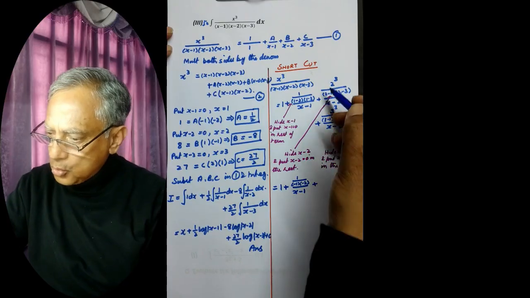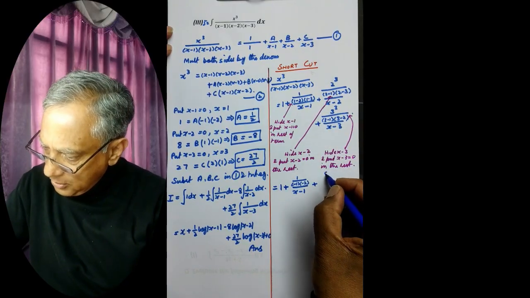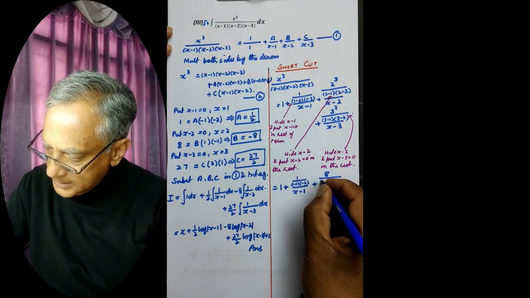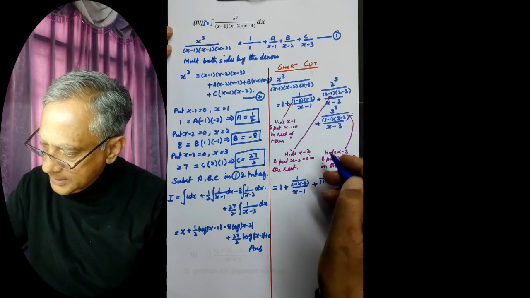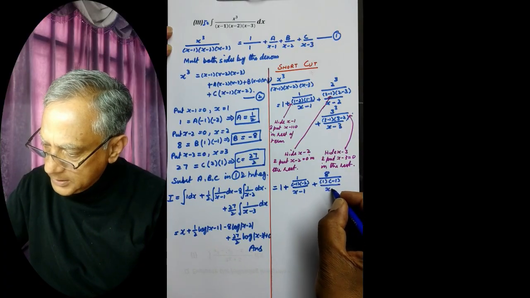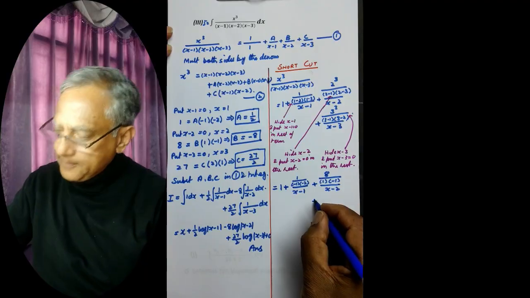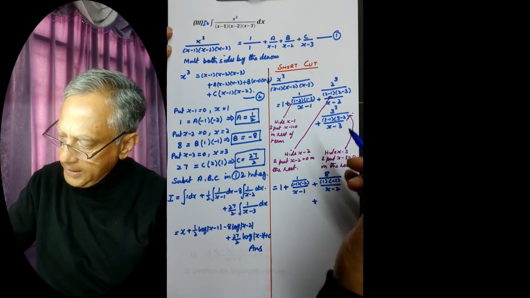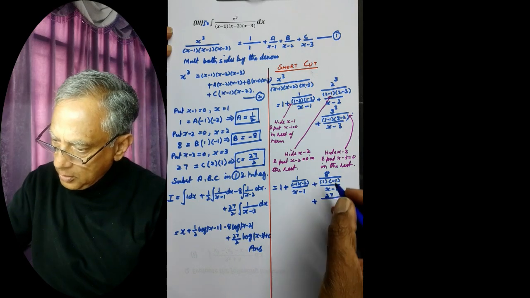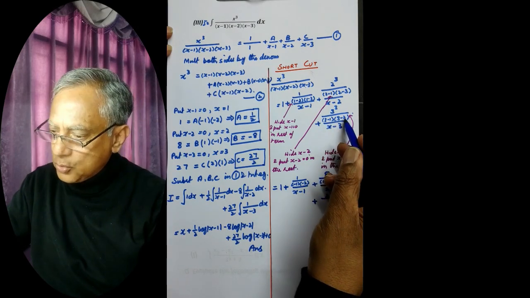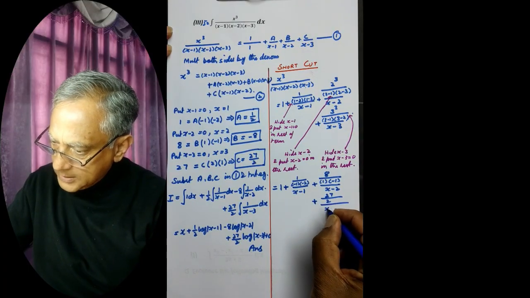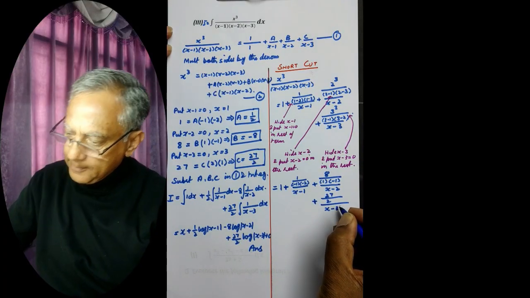Plus, 2 cube is 8, over (2 minus 1), which is 1, into (2 minus 3), which is minus 1, whole divided by x minus 2. Plus 3 cube is 27 over (3 minus 1), which is 2, into (3 minus 2), which is 1. So this will be 27 over 2 over x minus 3.